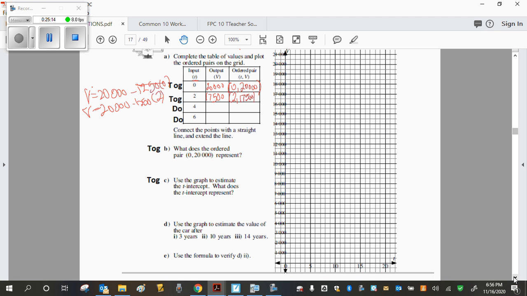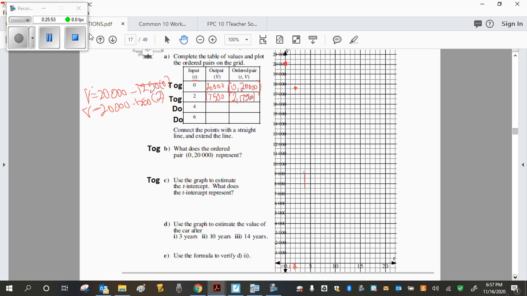Perfect. So then I'm going to plot 0, 20,000 up, looks like right here. And then 2 years, so that's right here, 2 years and 17,500. 2 to the right. Sorry, it looks like a 1. So this is the 1, this is the 2.